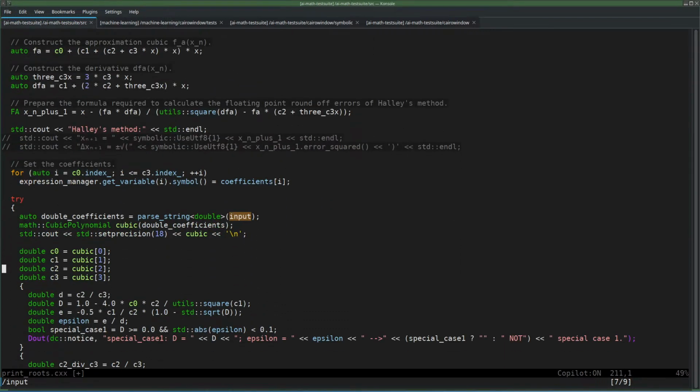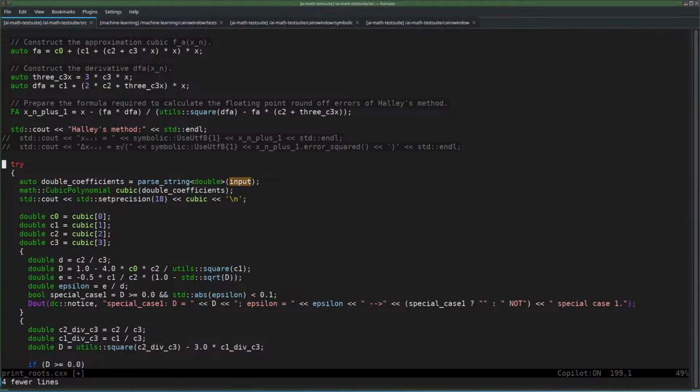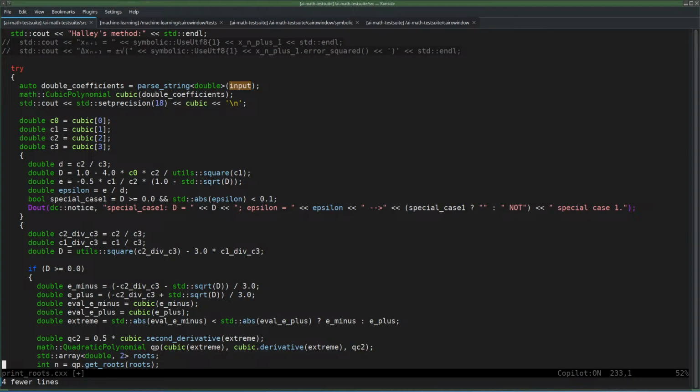String is parsed inside a try. Yeah, whatever. Let's delete it, put it here. I'm not even sure what this stuff is doing.